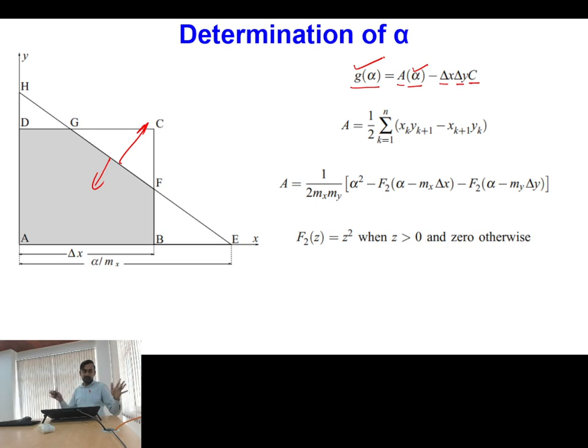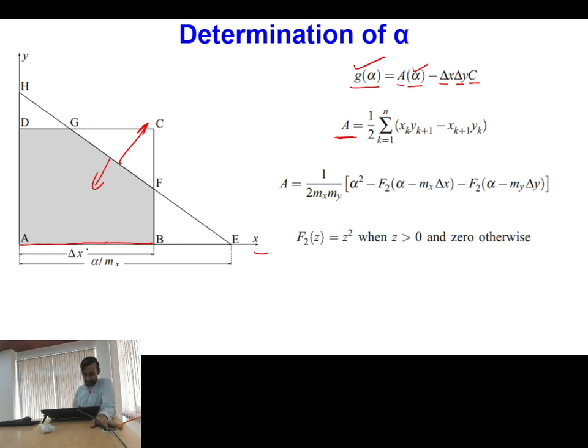Okay, so for a two-dimensional situation, if you have a structured grid, this is your XY system and this is the cell in which you want to represent this line segment. Okay, so if you place this line segment like this, then this shaded portion becomes nothing but a polygon.